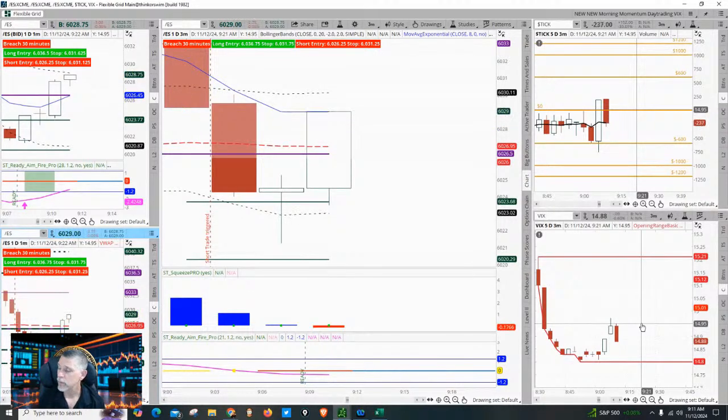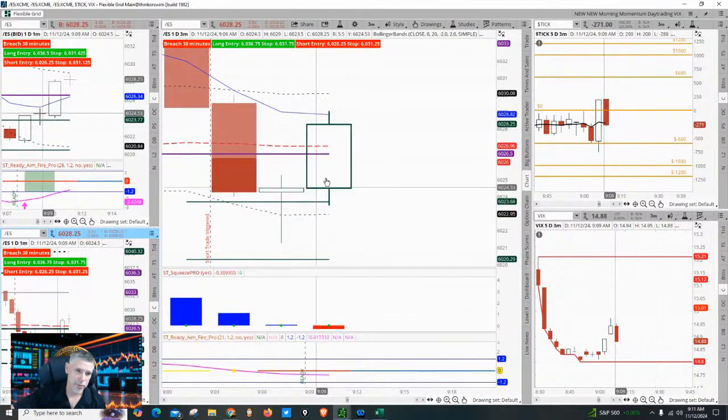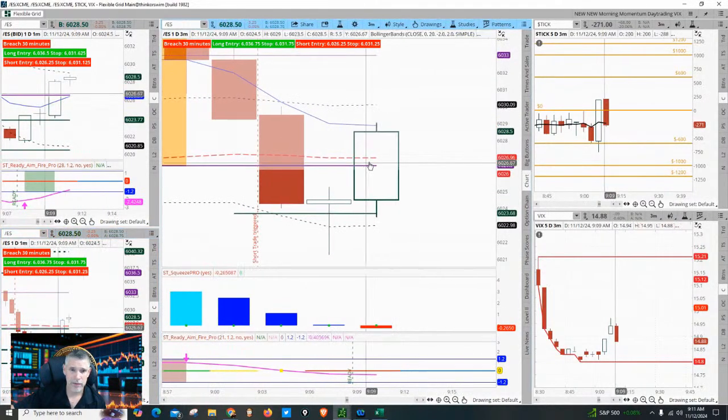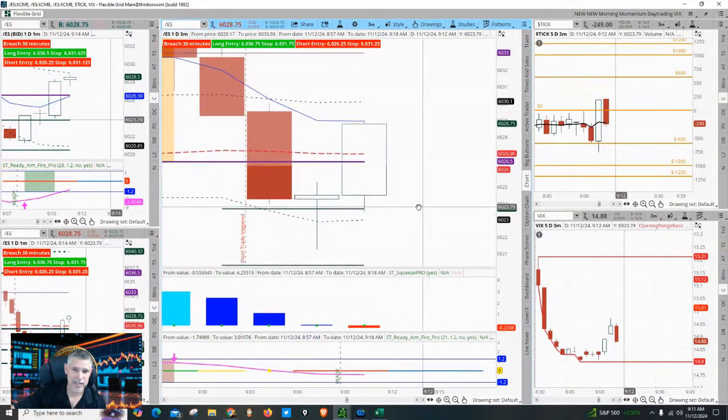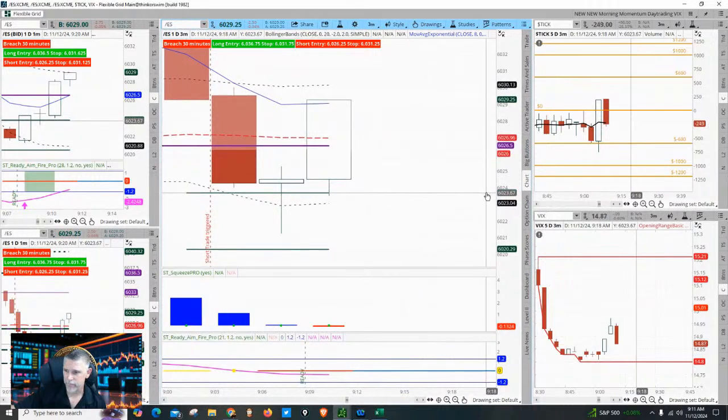There's no FOMO in here. No FOMO. Look at that, that's a beautiful 3 candle pattern. This candle closes in 30 seconds, looking like it's going to be a beautiful morning star candle pattern. Nice.